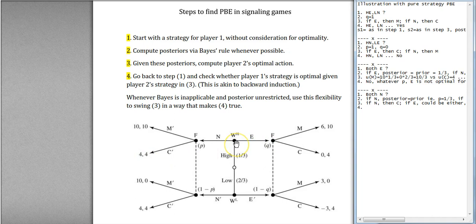If the high ability person were to choose to get educated, then in step number 3 we said the belief is unrestricted, and it could be that the firm makes this person a manager or a clerk. We cannot allow for a manager, because then the high ability player would get a 6, which would be better than a 4, and the answer then would be no. That wouldn't be optimal, to play N for the high ability player.